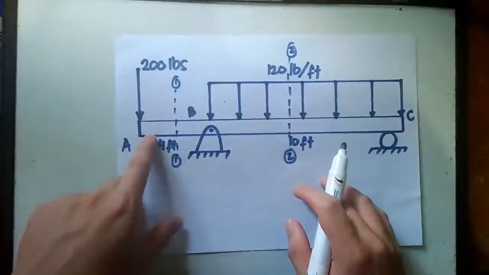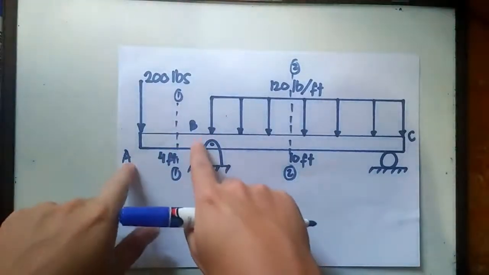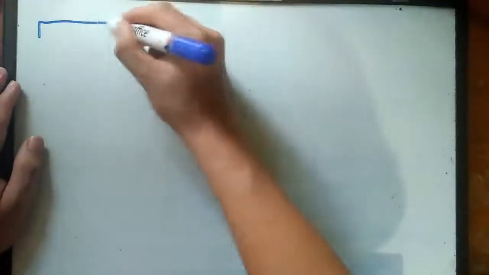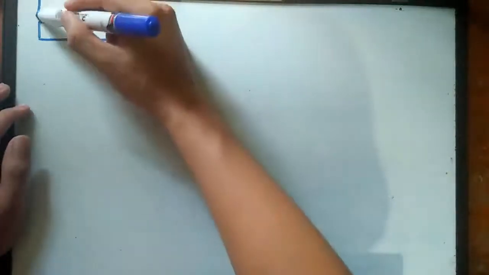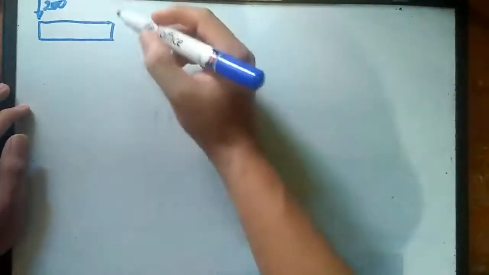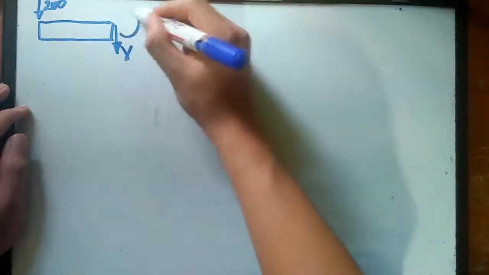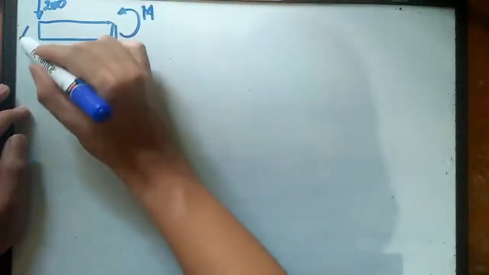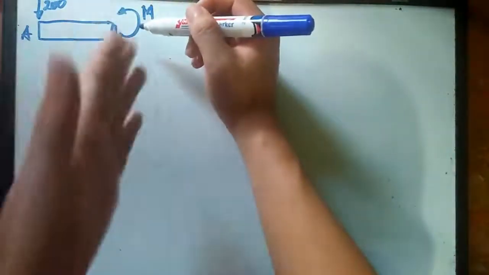So let's draw the free body diagram for segment A to B. It goes like this. This is segment A to B. We have here 200 pounds going downward. We have here the shear load V and the bending moment M. Depends on you if this is the portion of the beam where we managed to do the section.